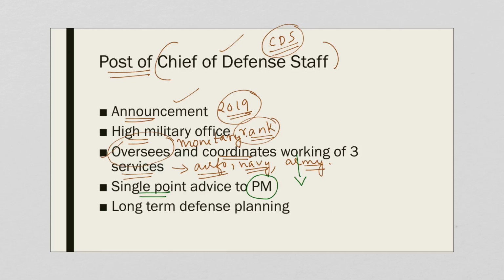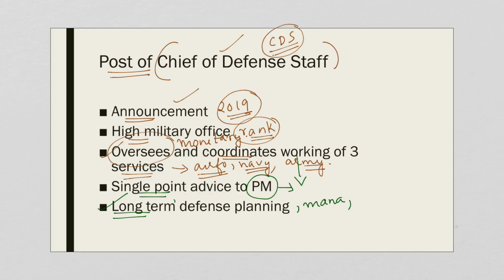It renders its advice to the Prime Minister based on its coordination and monitoring of the services. This advice is given on long-term defense planning, on defense management, on the management of the workforce in the defense, management of equipment, strategy development, and also coordination in operations.